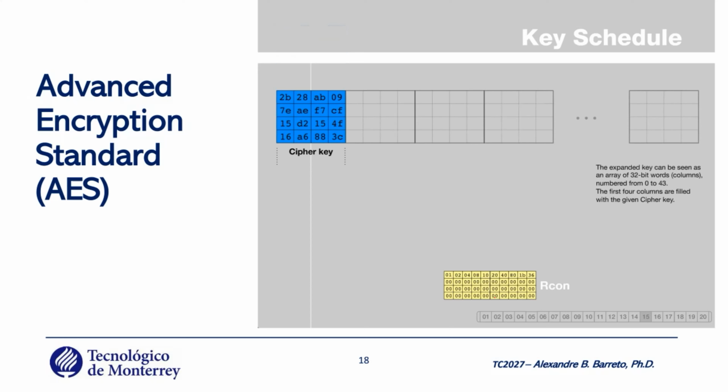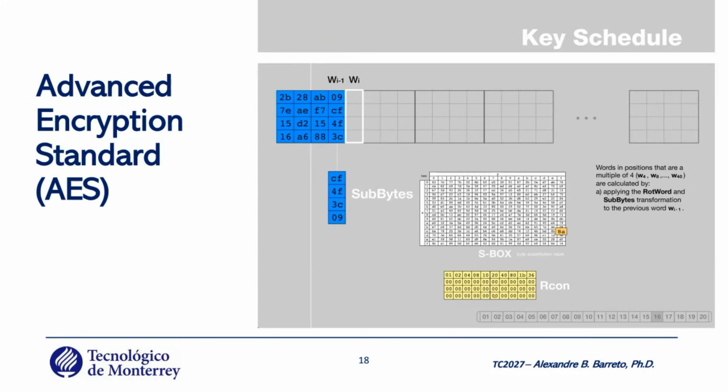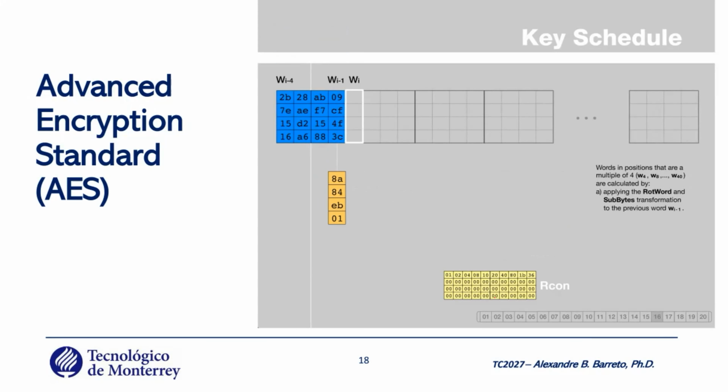You have the cipher key and you apply the same operation. You get a part of the key and make the operation with the key. The same operation. You make the SubBytes. It's like the clear text.